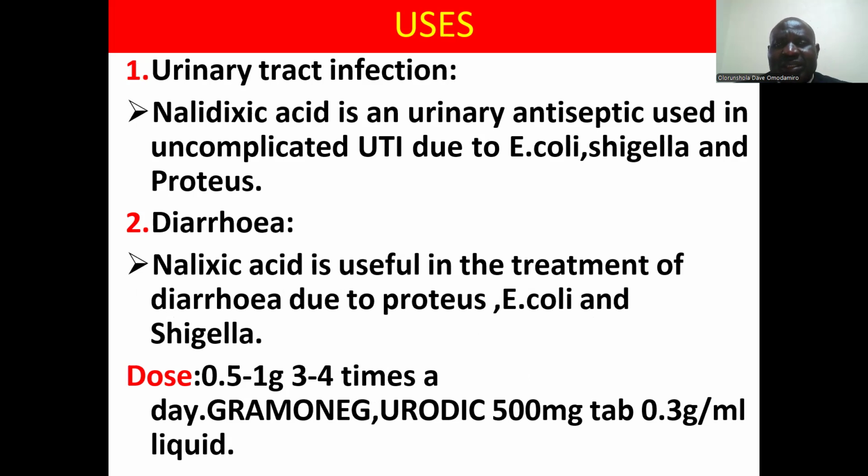What are the clinical uses? Nalidixic acid is known as a urinary antiseptic, which is used in uncomplicated UTI as a result of Escherichia coli, Shigella, and Proteus. So it is highly useful clinically in urinary tract infection.